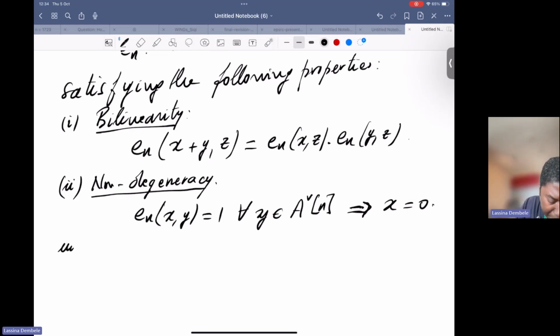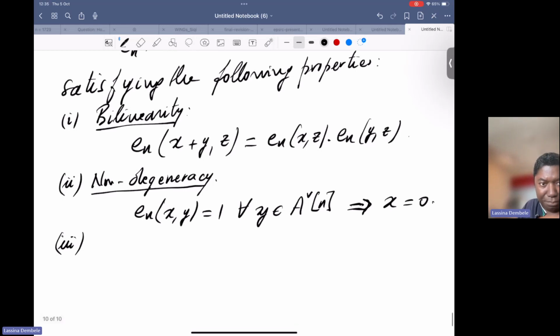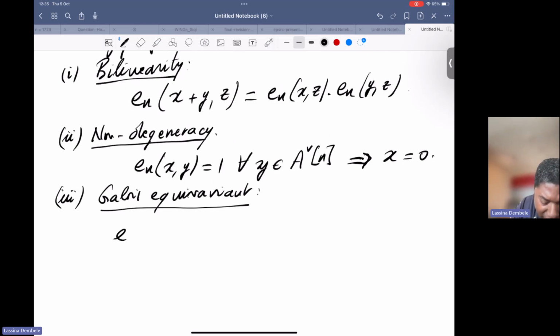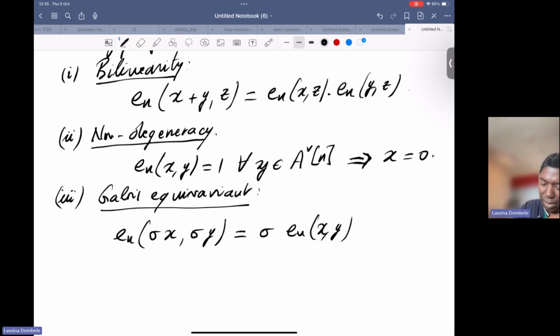The third property is that the map is Galois equivariant. So e_n(sigma x, sigma y) is the same as sigma applied to e_n(x, y), for all sigma in our Galois group.